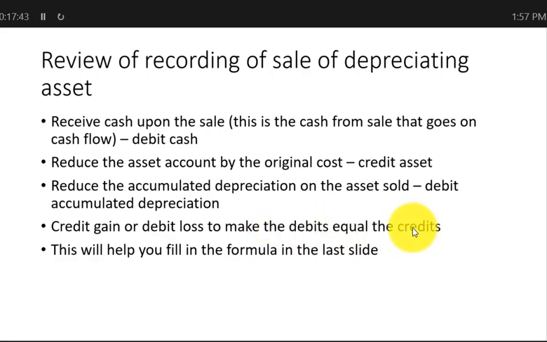So when we dealt with long-term assets in Accounting 151, this is how we learned to record the sale of that asset. All of these pieces are incorporated in our formula for calculating the amount of cash paid for assets on the cash flow statement in the investing section.